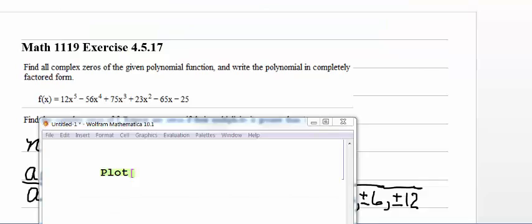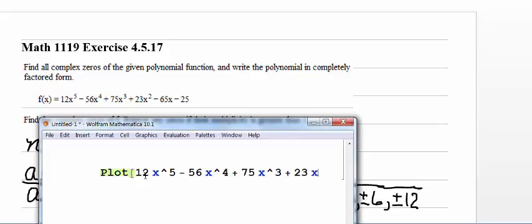And what I'm going to do is figure out how to actually position this graph in the xy plane. In other words, what are the smallest and largest x values that I really want?